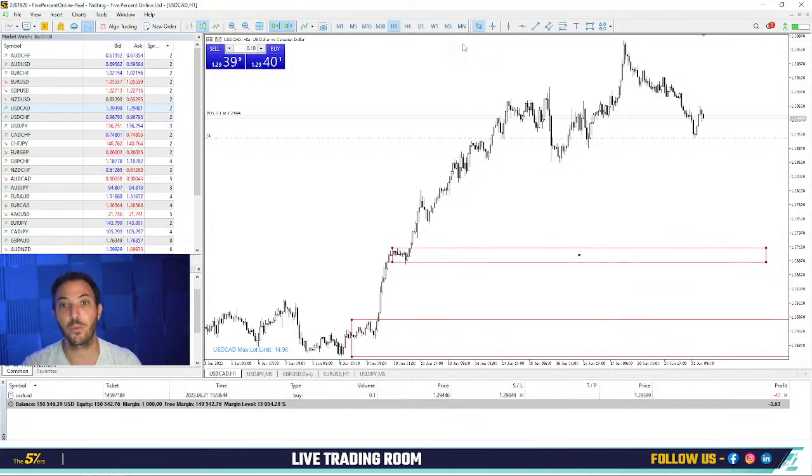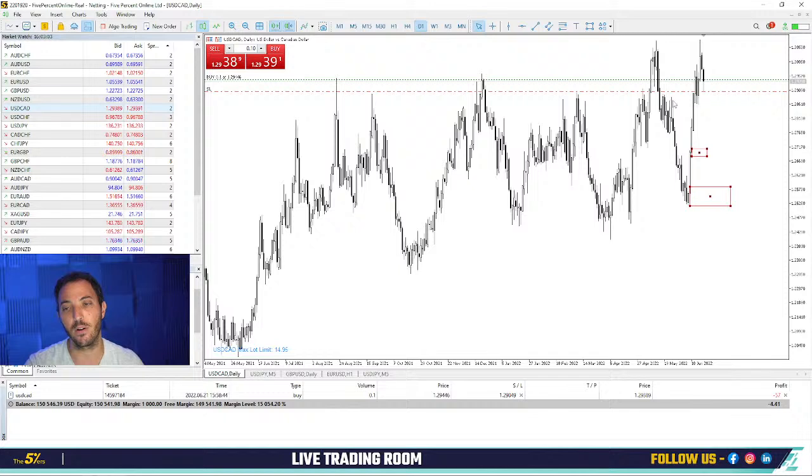The movement I'm trying to catch next, my vision on this pair, is a pullback, which is where we're at right now, and a second test, or this would be the third test, of the highs. Now this movement to the upside probably is not going to test the highs, but might be only a shorter movement to the upside in order to continue lower.